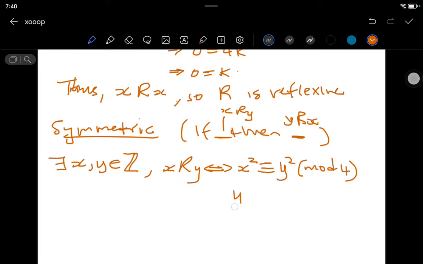The aim is to find that y squared is congruent to x squared mod 4. So let's solve and see if we find it.